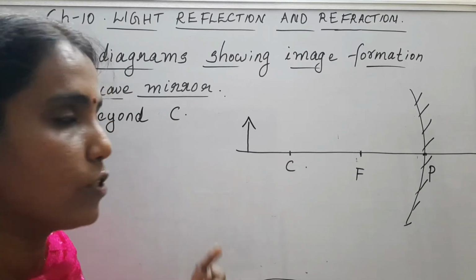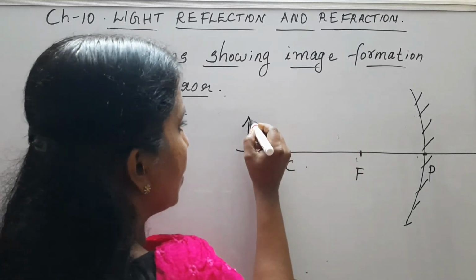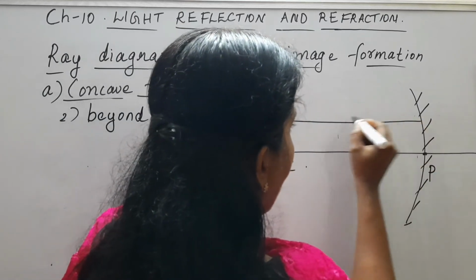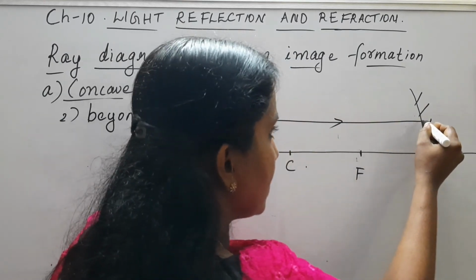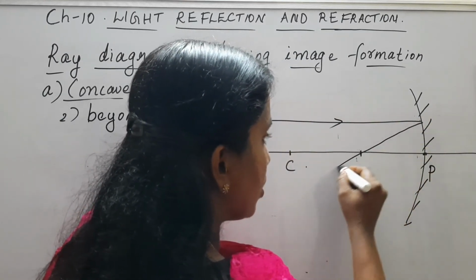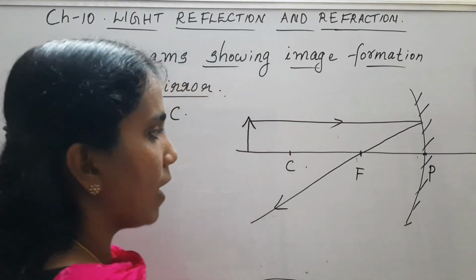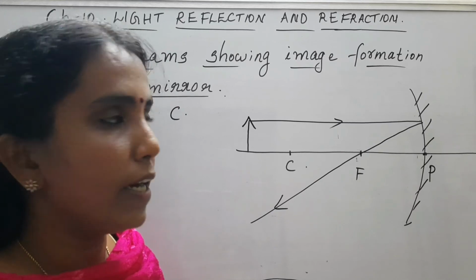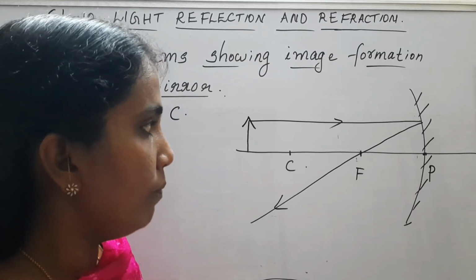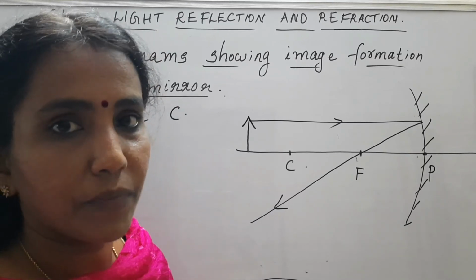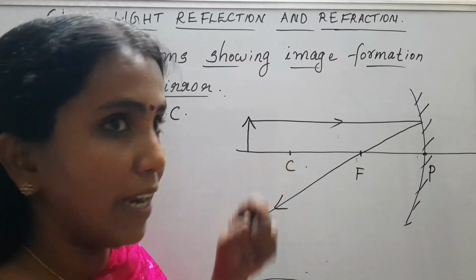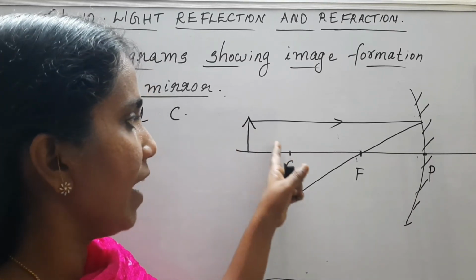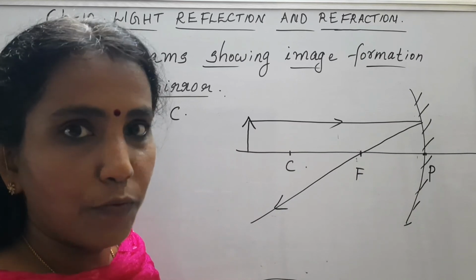So first one is as usual, the incident ray which is parallel to the principal axis, so that after reflection the reflected ray will pass through the focus. So first step is over. Now we have to draw one more incident ray. We can select the second one, a ray which is passing through the center of curvature.